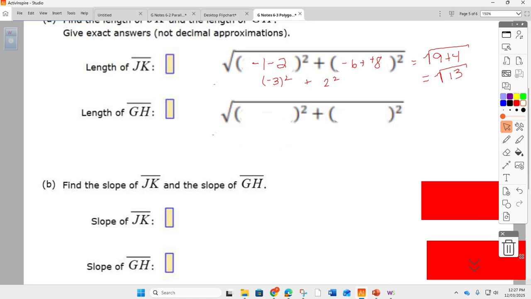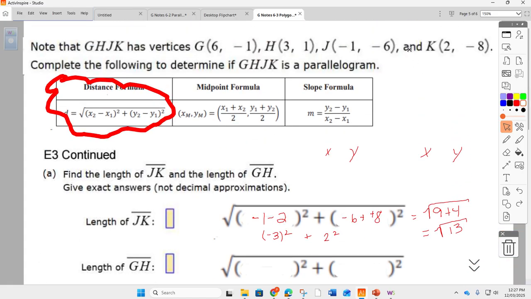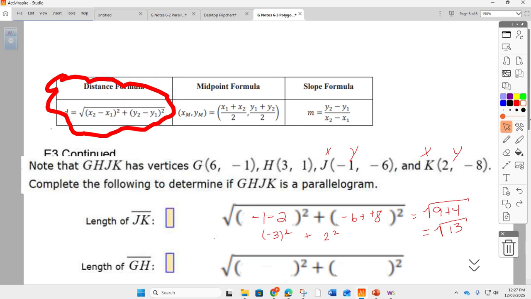So what is x minus x? What am I going to use for GH? Can you tell me? Thomas, can you tell me? X minus x, right? And we're doing GH.